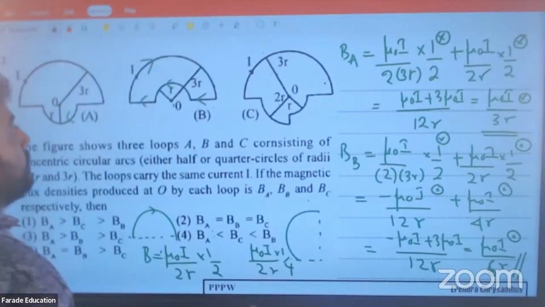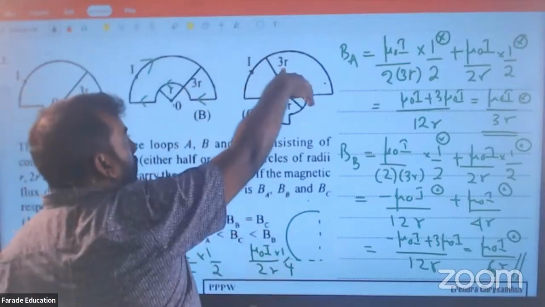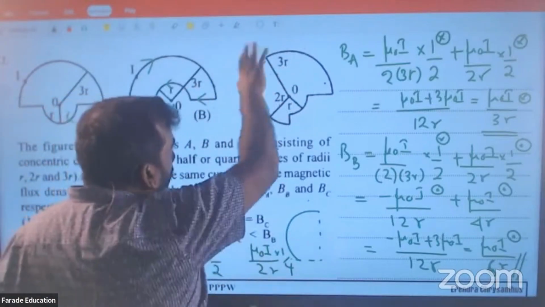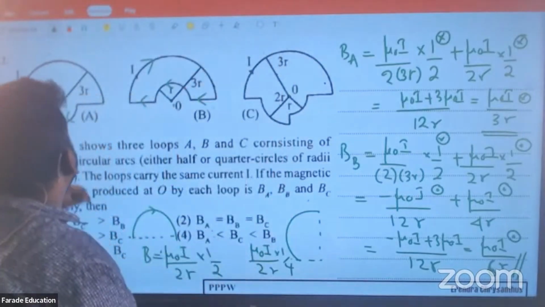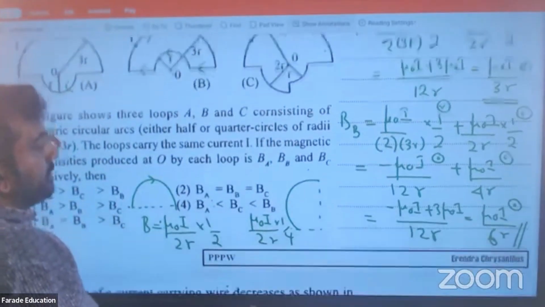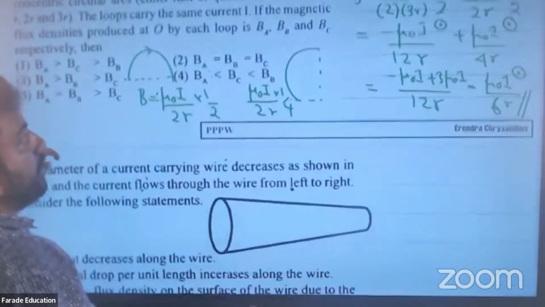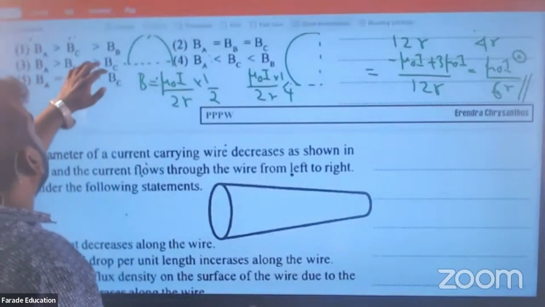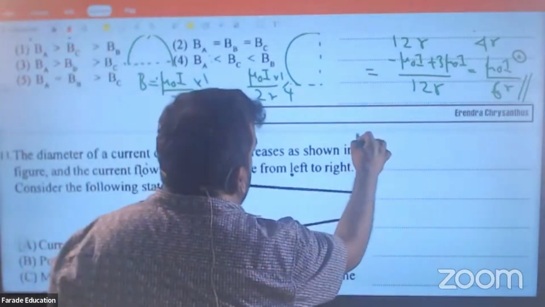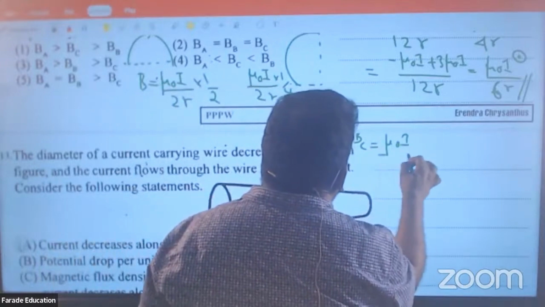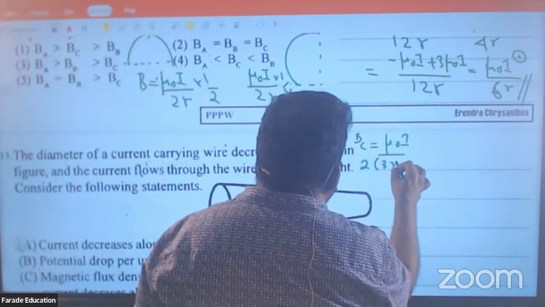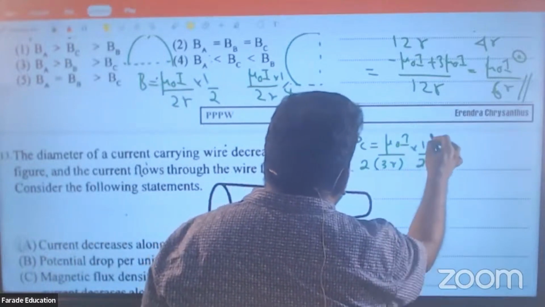What about here? Third one. Clockwise, clockwise, clockwise, all inward. These two quarter, these what? Full circle. So magnetic field strength at C is mu naught I over 2 times 3R, half, inward.